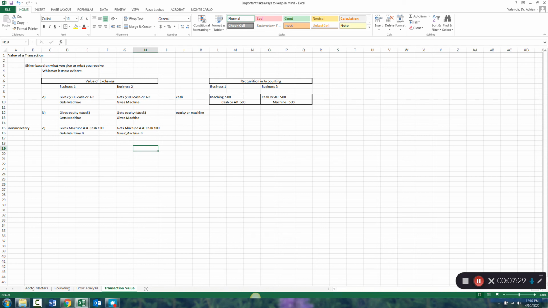I might believe that my machine is worth $600. Okay? And if that's the case, then the value of the exchange for this company is $600, while the value of the exchange for this company is $500. And that's okay, because it's based on their best estimate of what they think the worth of the exchange is.